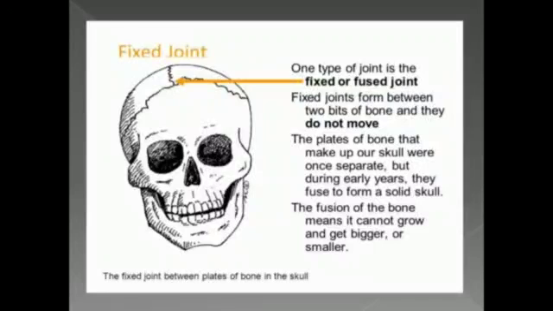And the fusion of the bone means it cannot grow and get bigger or smaller. That is why it is called a fixed joint. Where the bones cannot move, such joints are called fixed joints. See, an example is the skull. You can see here, look closely at the picture. The fixed joint between plates of bone in the skull.